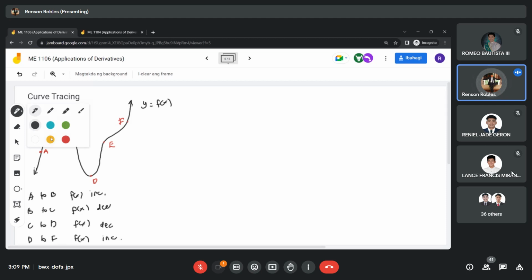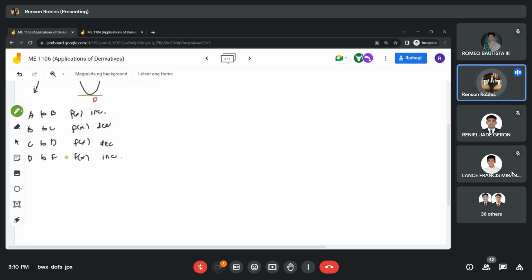And then in terms of the tangent line, you know that at every point of the function y equals f of x, you can draw a tangent line. So if A is a point of tangency, then you can draw a line tangent to it. And you can also draw a line tangent to point B, point C, point D, point E, and point F. So when you differentiate y equals f of x, you recall the definition of the derivative.